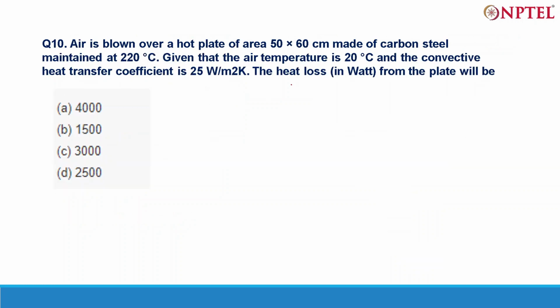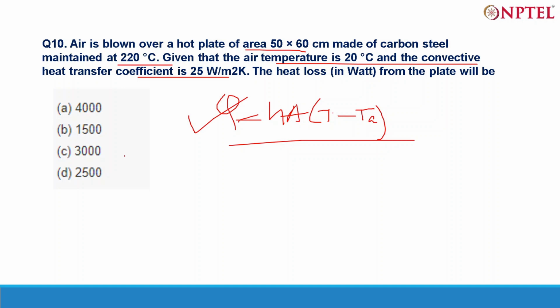So air is blown over a hot plate of this area, made of carbon steel at this temperature, so air temperature this, convective heat transfer, so then Q equal to h A (T minus T_a). So you can calculate it. Okay. So this is how this week is completed.